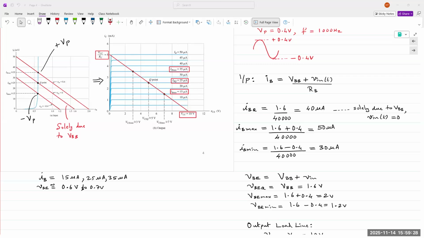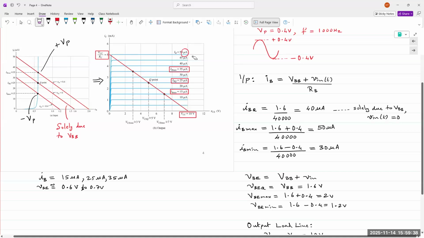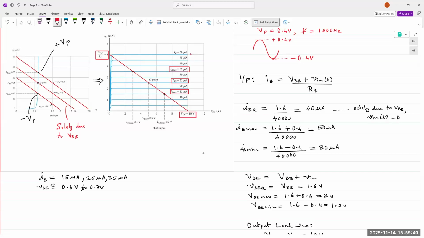Okay. So now let's take a look and see what happens if you're sending an input. Now, remember the scales are different. Your IB values are in microamps and your collector current output is milliamps. It's 1,000 times.